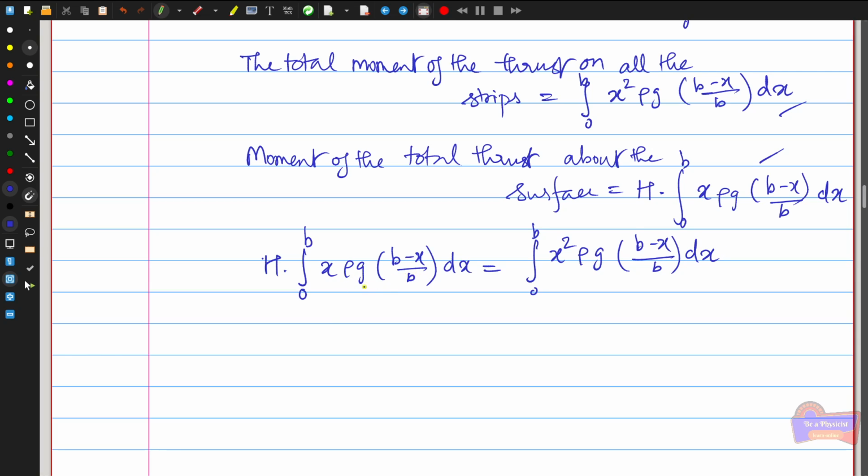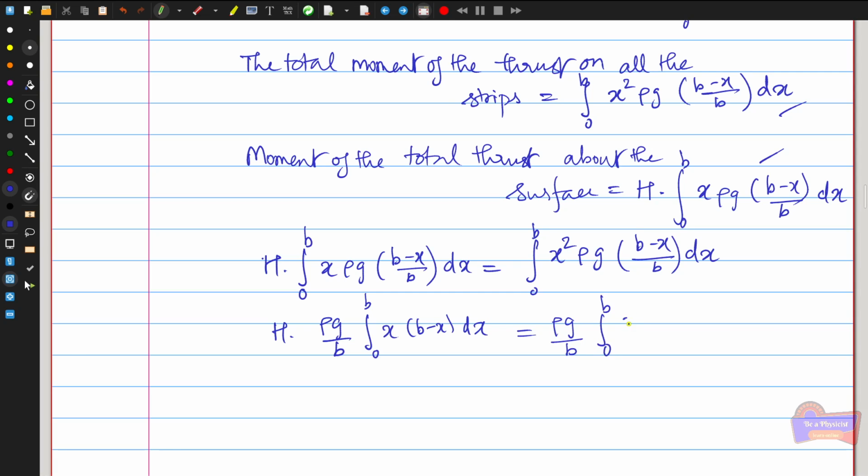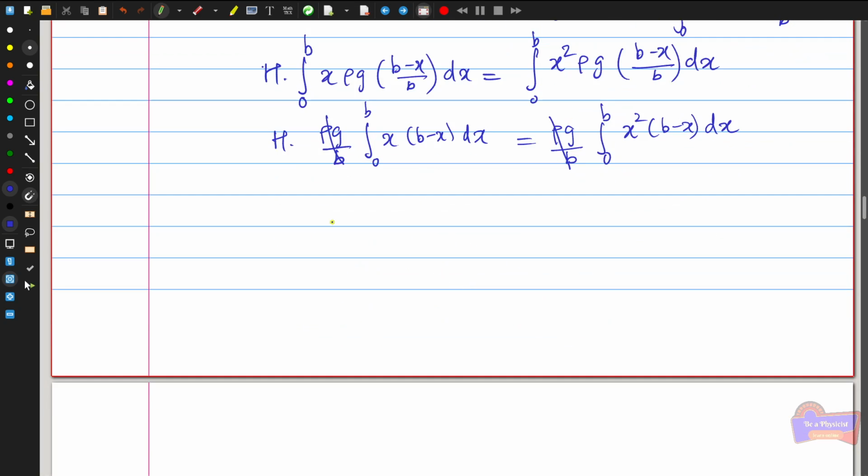If I take the constants outside, then h into rho g divided by b integration of 0 to b x into (b minus x) into dx is equal to rho g divided by b integration of 0 to b x squared (b minus x) into dx. So the constants will get cancelled out on the left hand side as well as the right hand side.